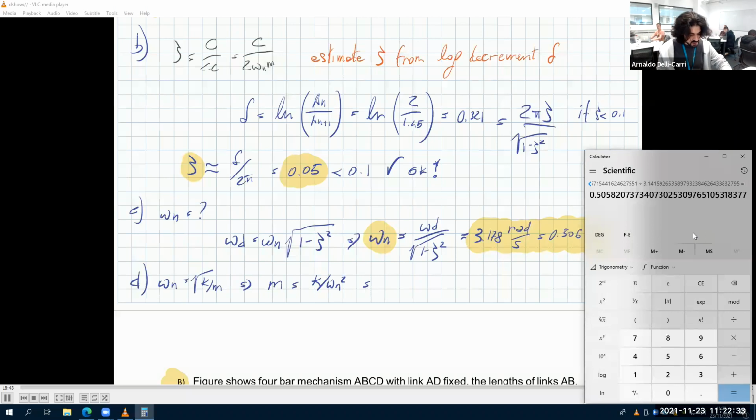So it's just 8,000 divided by omega n squared. No, it's times 2 times pi. So this is omega n. If I square this, I invert this and multiply by 8,000. This gives 792 kilograms.